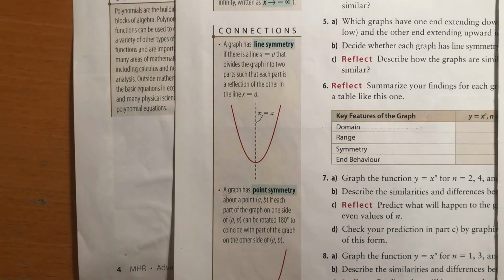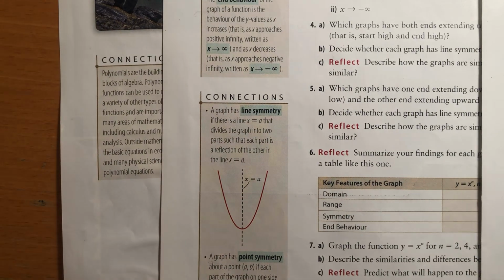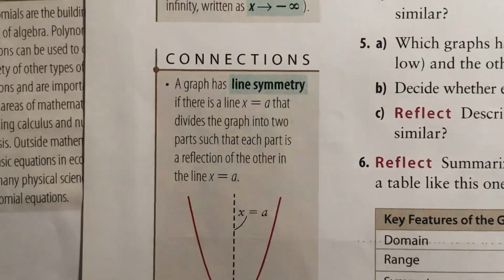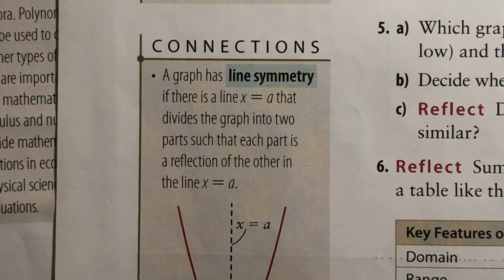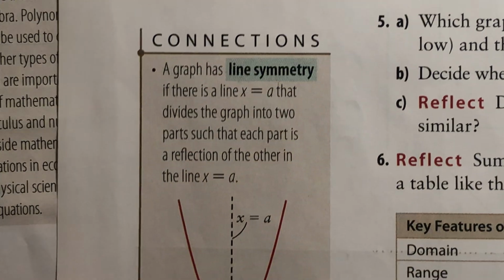Two more names. One is called line symmetry. What is line symmetry? Look at this graph.